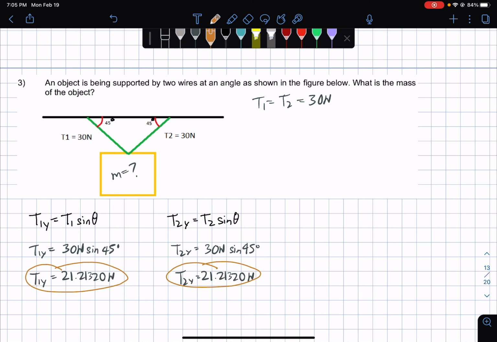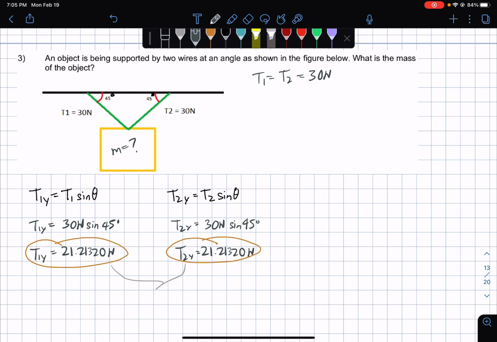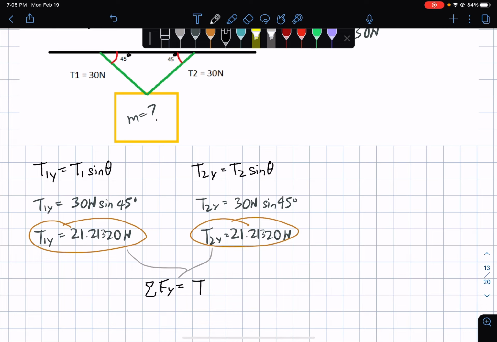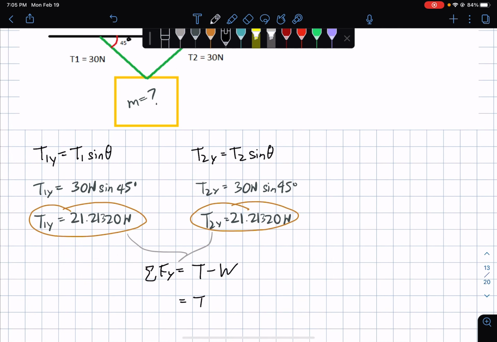They're not exactly the final answers yet, so don't box them. Now, we have to look for the mass. We remember earlier that the summation of Fy is equal to T minus W. But here we have tensions 1 and 2, so make the T here T1 plus T2, and everything else is the same.